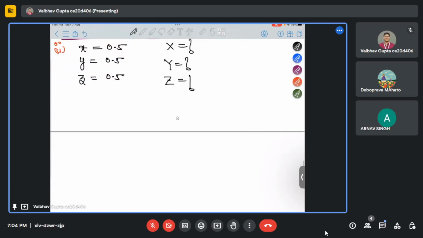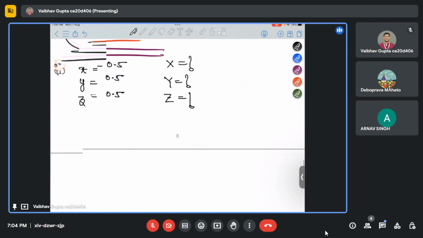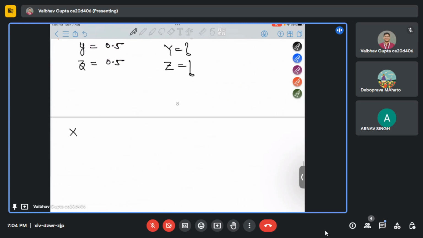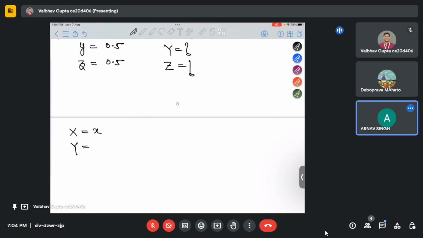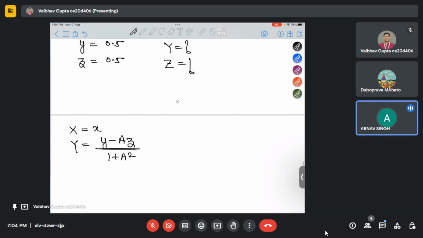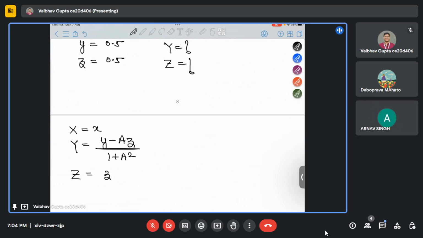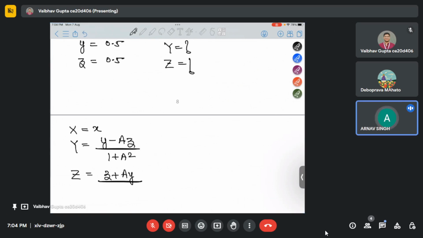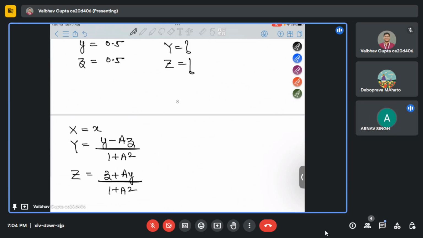To find these, in the first part we found out that capital X is nothing but small x as per the deformation field. Capital Y is nothing but small y minus AZ over 1 plus A square, and capital Z is nothing but small z plus AY over 1 plus A square. This is what we calculated.